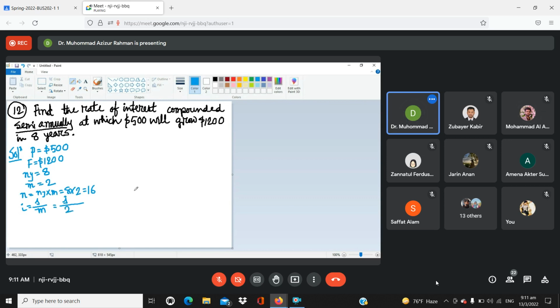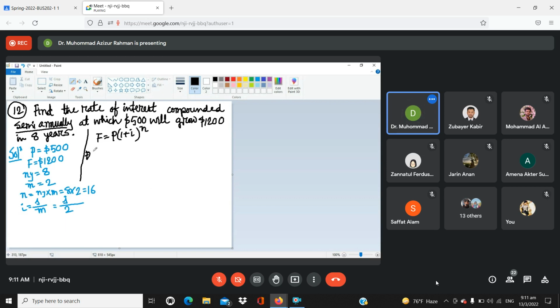So just use the formula. You already know F equals P into (1 plus i) to the power n.